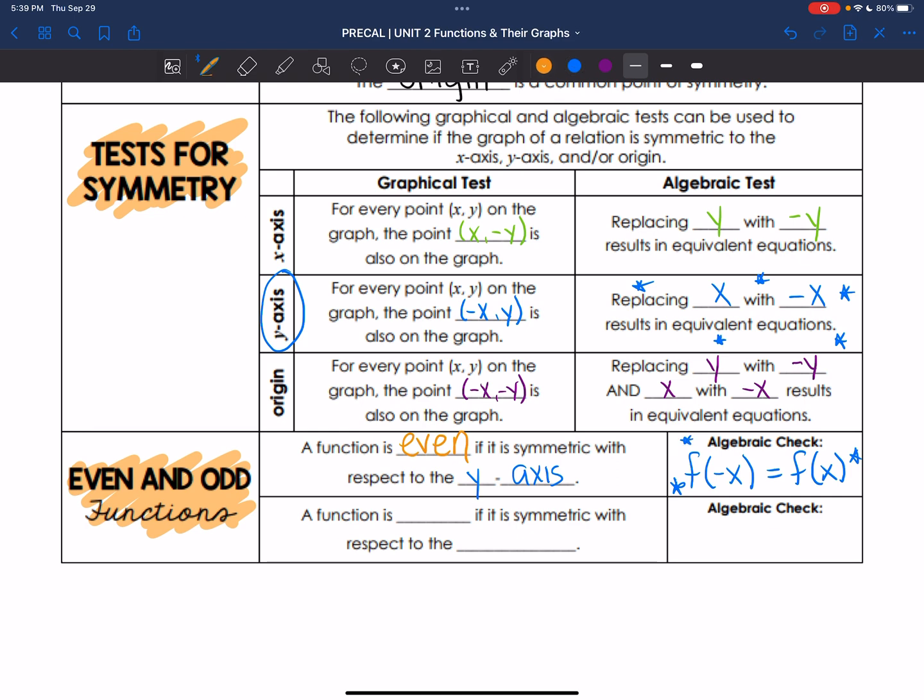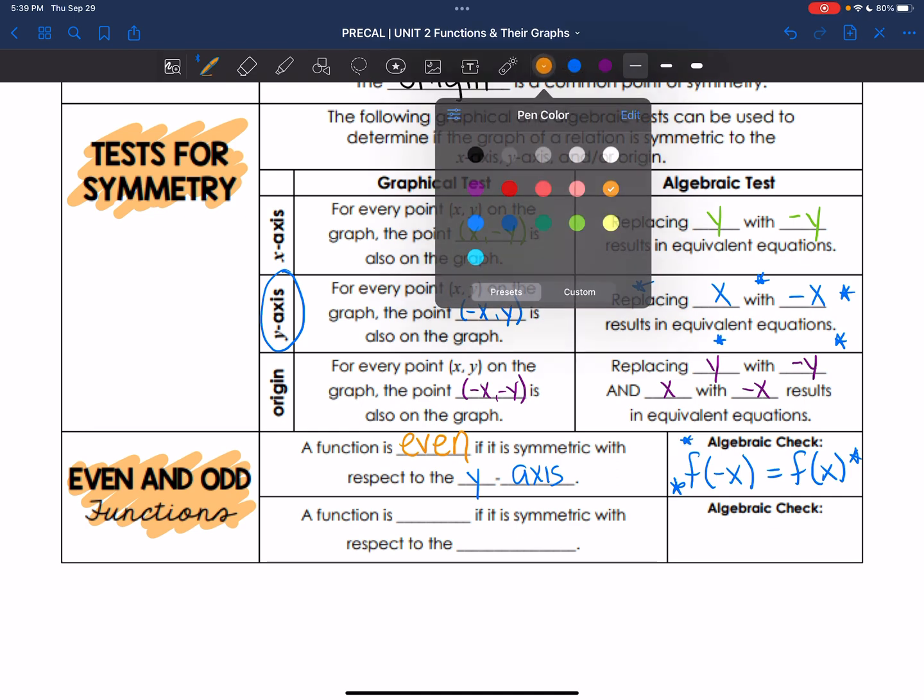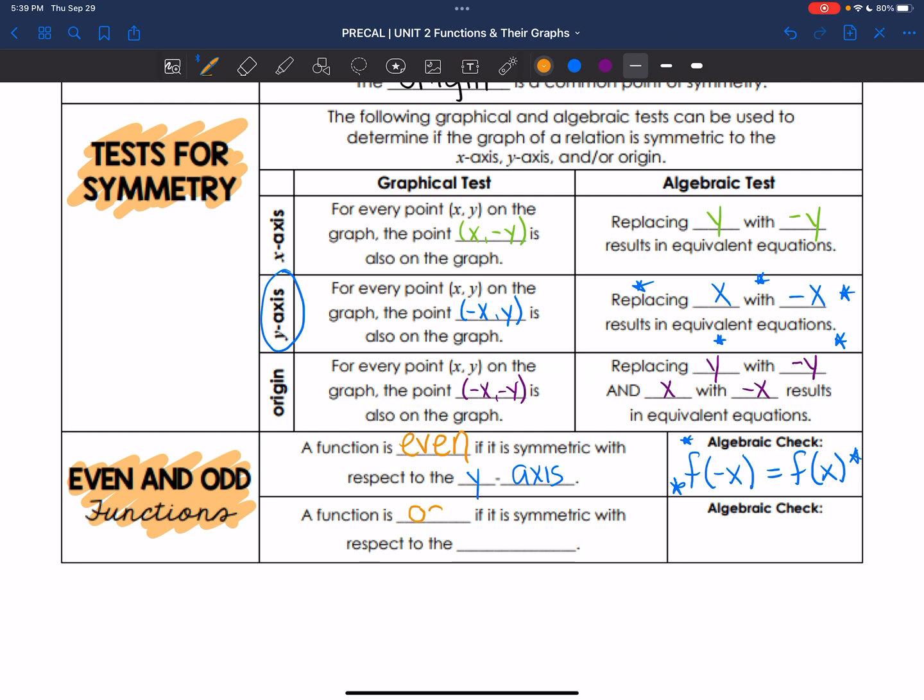And a function is an odd function if it is symmetric with respect to the origin. In our algebraic check there, how do we check that it is in fact an odd function?